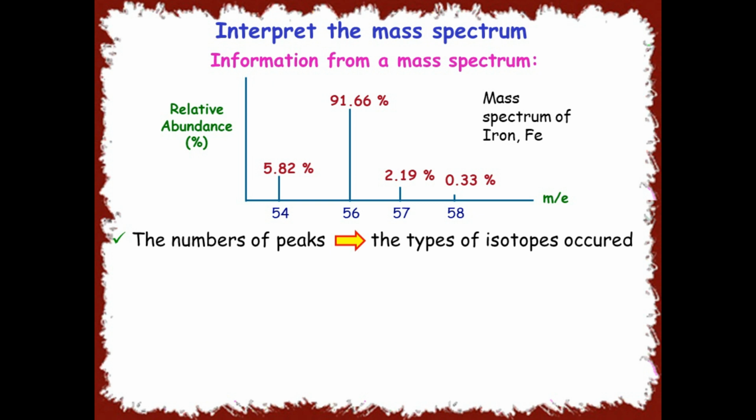The number of peaks is the number of types of isotopes present. According to the mass spectrum, there are 4 peaks present. Therefore, there are 4 isotopes of iron, which are iron-54, iron-56, iron-57, and iron-58.